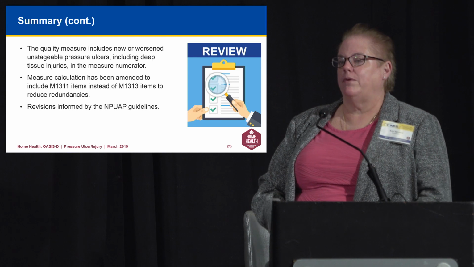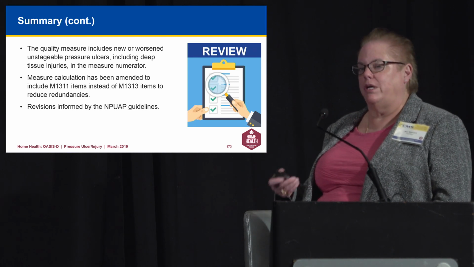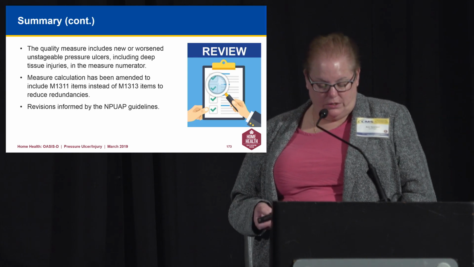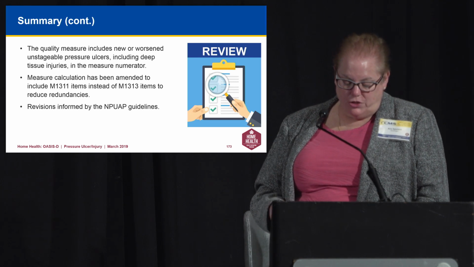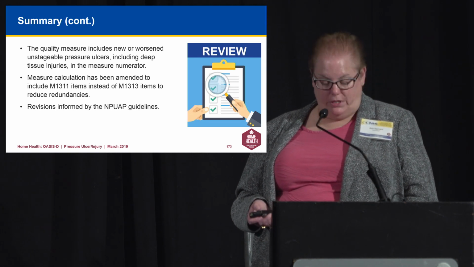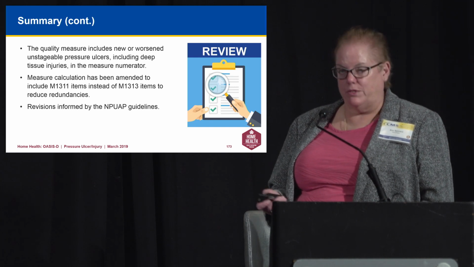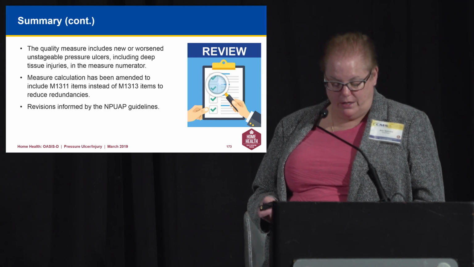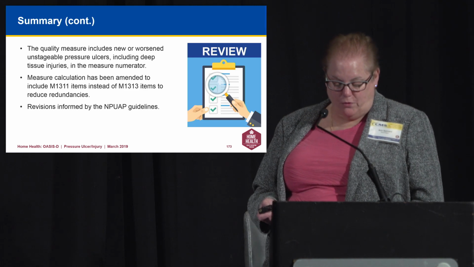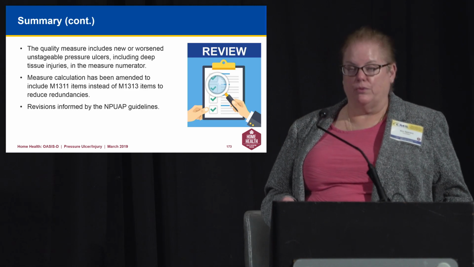So if we have a wound that was stageable and now it's got slough or eschar, it's considered worsened. The measure calculation has been amended to include M1311 items instead of M1313, to reduce redundancies, as we talked about. And revisions are informed by the National Pressure Ulcer Advisory Panel.